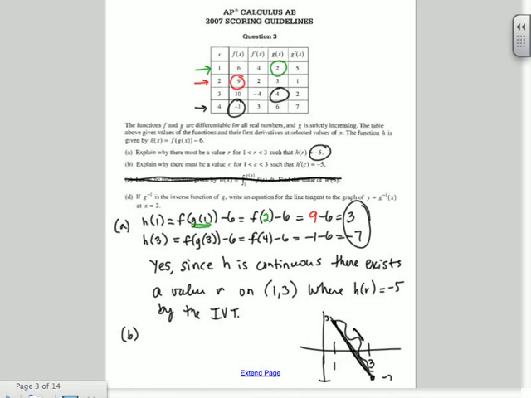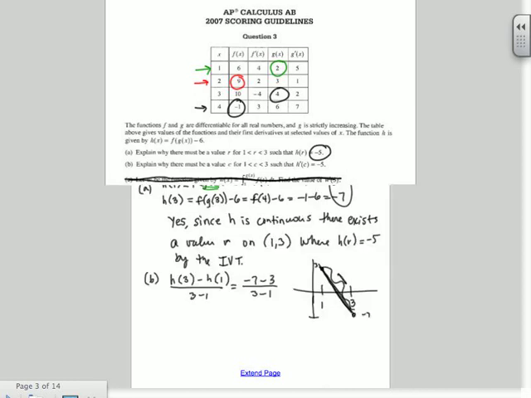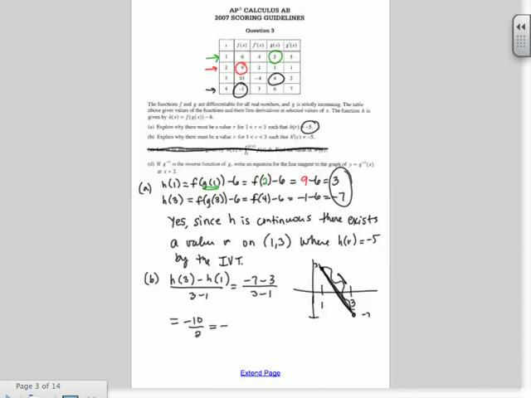So we want h prime of c to equal, well, is that -5? If I do h of 3 minus h of 1, all over 3 minus 1, I get -7 minus 3 over 3 minus 1, so -10 over 2, so -5. This slope is -5. So is there a place where we have that exact same slope? Yes, there has to be. We've learned that, and that is called the mean value theorem.